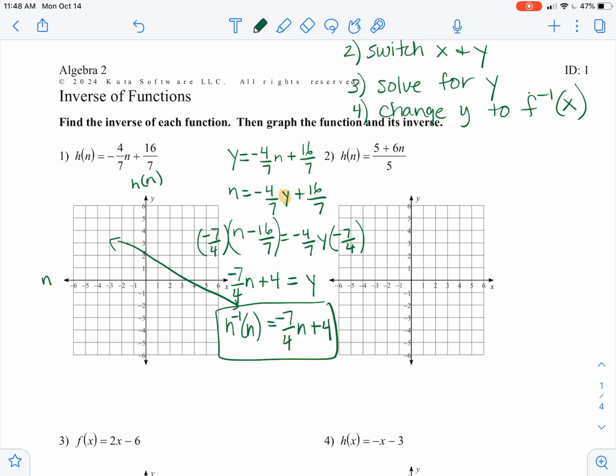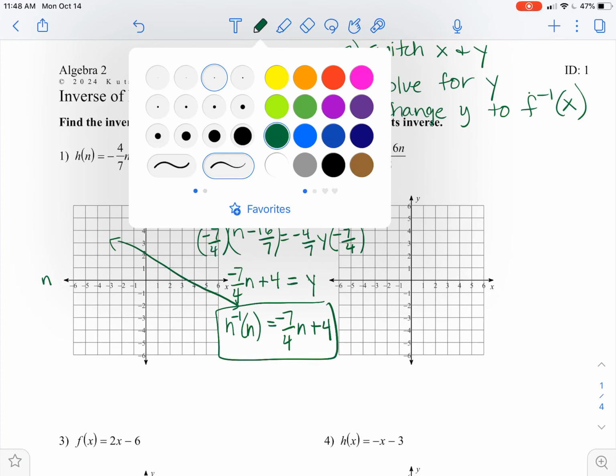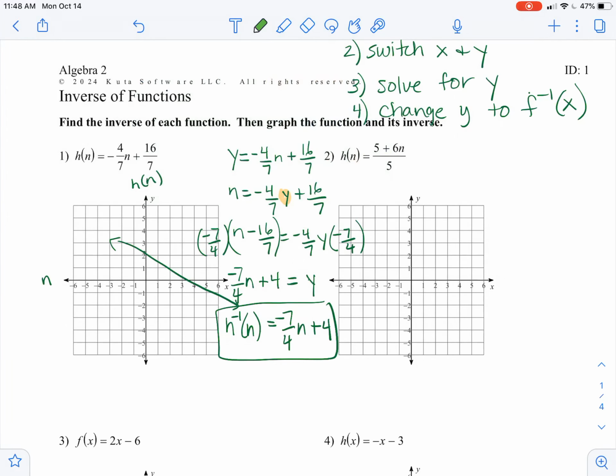Okay, and then I'm going to graph also the inverse of it. So that would be at 4 with a slope of a negative 7/4.